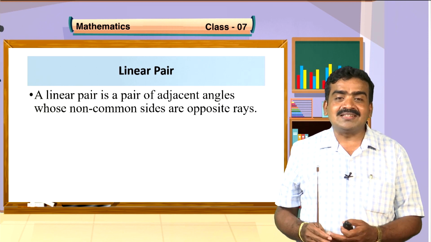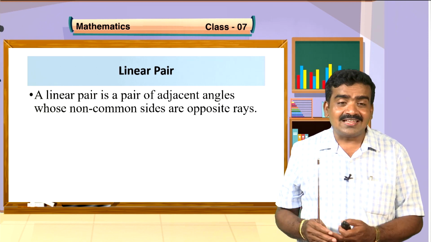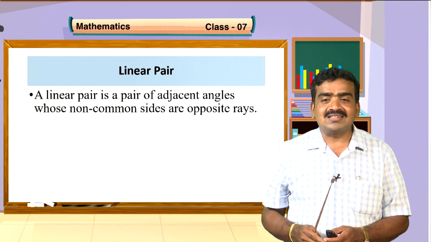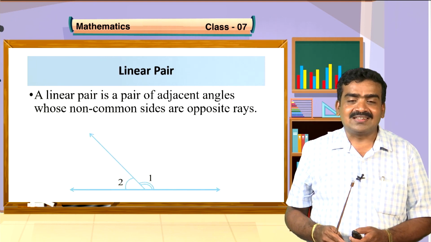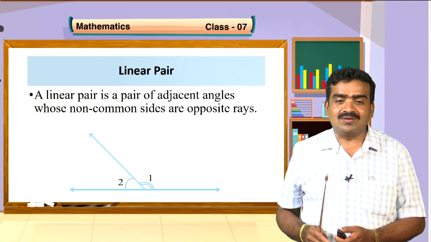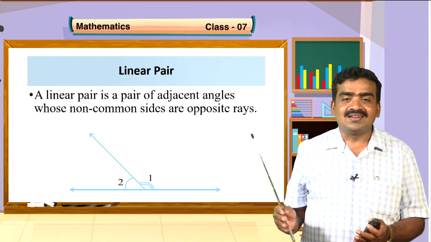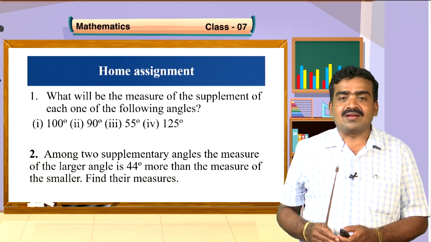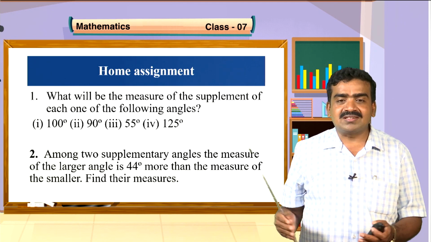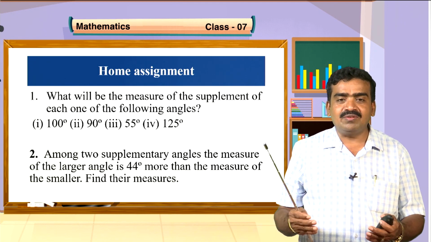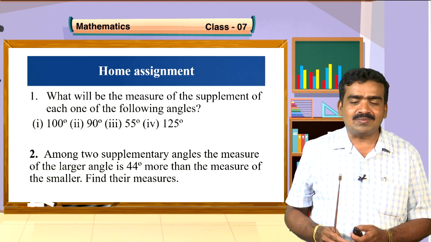A linear pair is a pair of adjacent angles whose non-common sides are opposite rays, and this picture indicates linear pairs. My dear students, based on today's concept, I am giving you questions for home assignment.